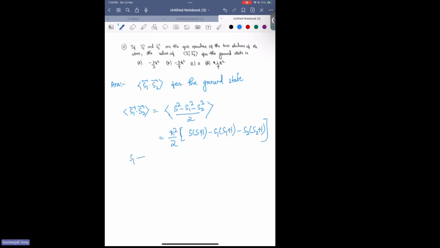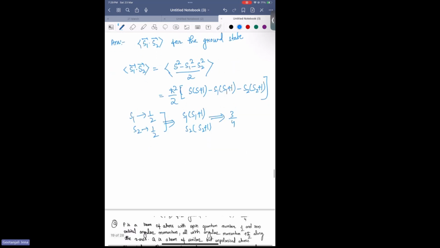S1 and S2, you know, are half. So s1 into s1 plus 1 and s2 into s2 plus 1 will each be 3 by 4. And S is nothing but the vector sum of S1 and S2, and this is half and half.